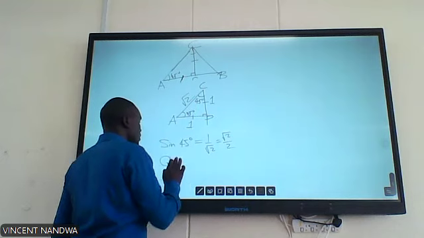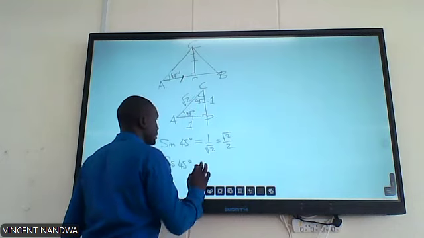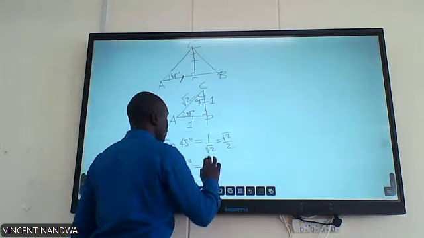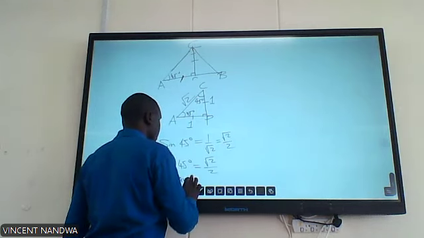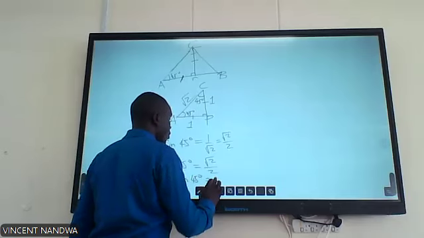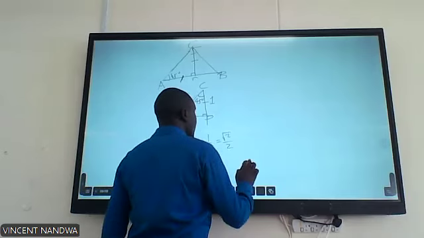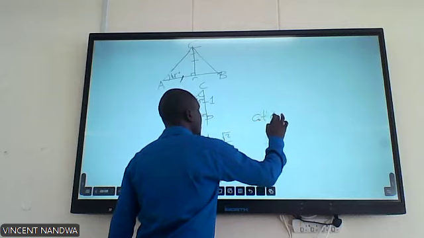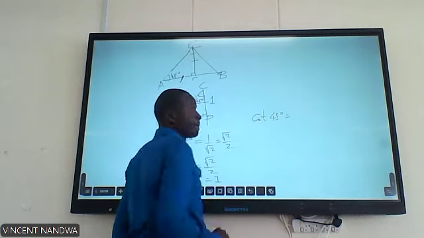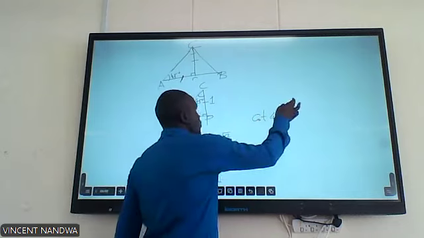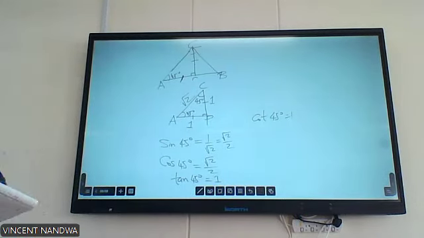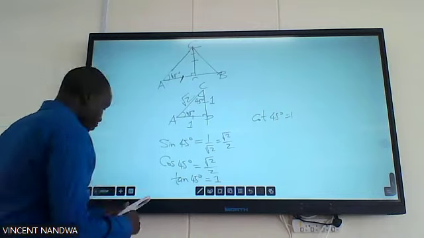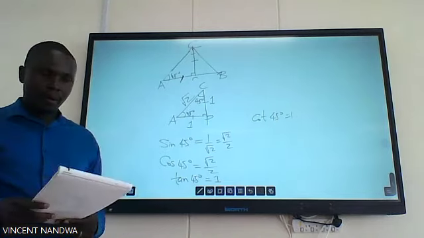Then cos 45 degrees is root 2 over 2 still. And then tan of 45 degrees is 1. And what will be cot of 45 degrees? Still 1, okay? The reciprocal of 1 is just 1. So those are everything from high school.